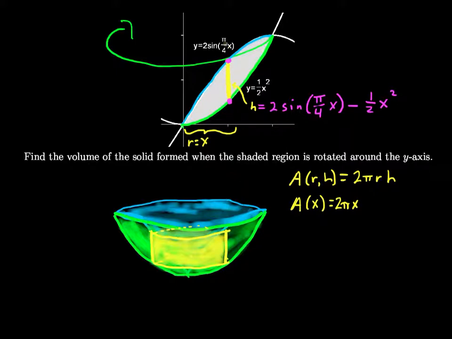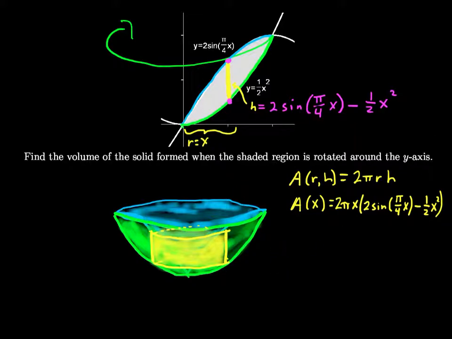We put the top one first because it's positive and we have positive heights. So multiplied by 2 sine of pi over 4 x minus 1/2 x squared. And that's my area function.